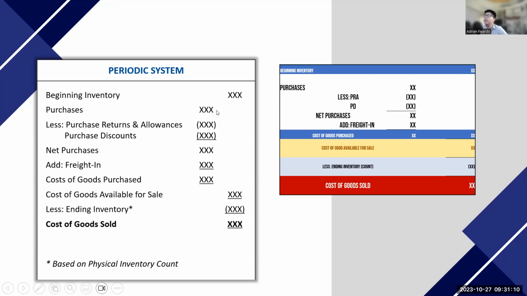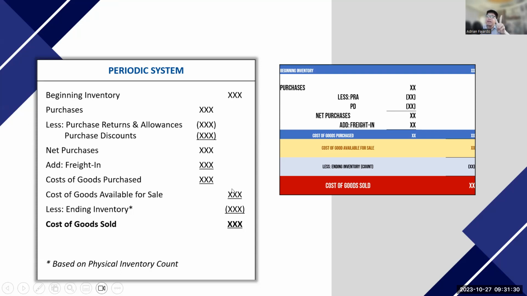So purchase minus PRA minus purchase discounts is equal to your net purchases. You add your freight in, you will get your cost of goods purchased. Your cost of goods purchased plus your beginning inventory will give you your cost of goods available for sale.